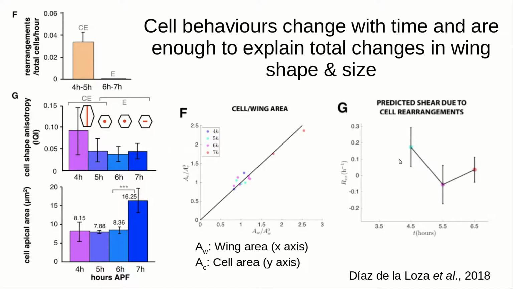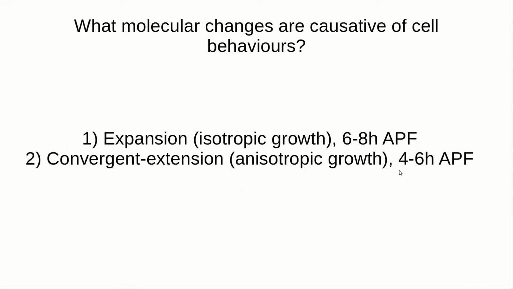And additionally, here's some kind of prediction or measurement of the contribution of rearrangements to the overall shearing of the tissue. And as you can see, this contribution is high at 4 hours after pupae, but then it becomes lower.